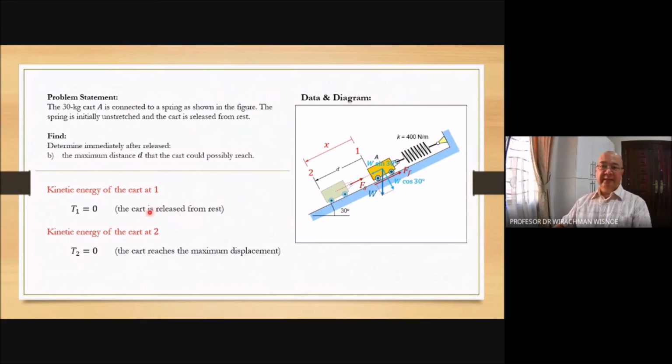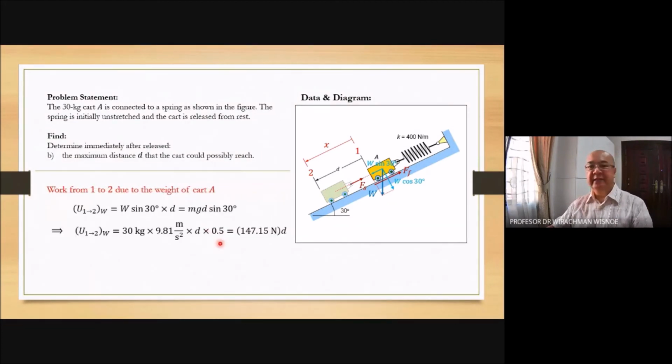So let's do it again. Maybe you can go directly to the equation, but here I show you step by step. Kinetic energy of the cart at 1, I return back to 1, is 0. Kinetic energy of the cart at 2, in this case when it reached the maximum distance, is 0 as well. It stopped there.